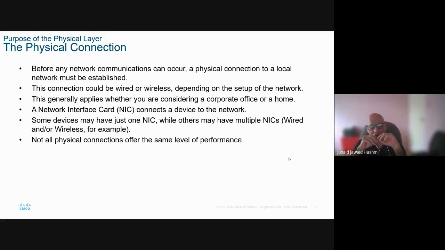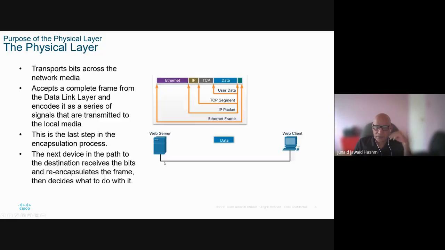Security also differs: even though copper media is physical, it's still less secure than fiber optic, and you will know why later. And as I said, wireless is the least secure.